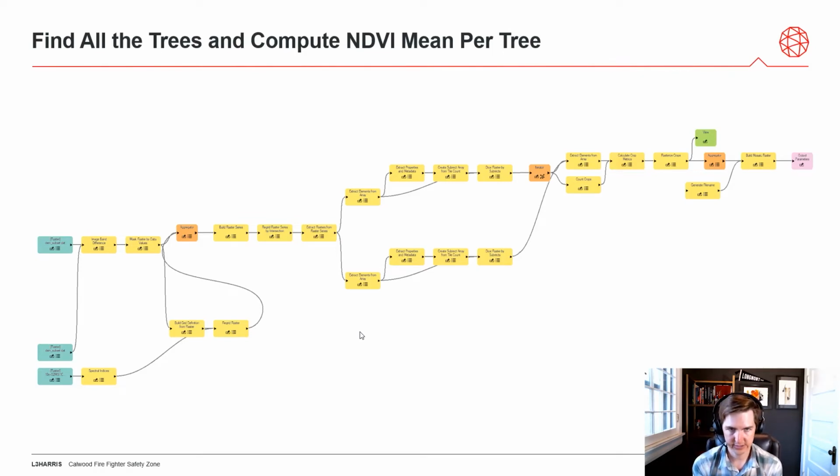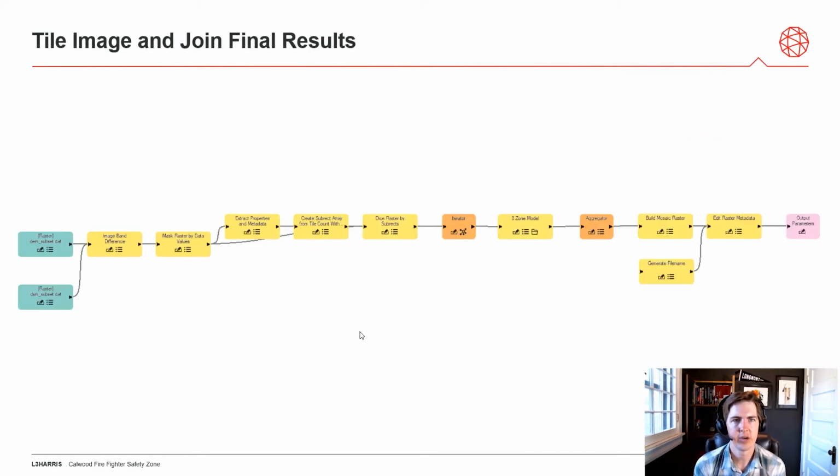So it looks like this. This model will find all the trees and compute the mean normalized difference vegetation index per tree. This is essentially the health of each one of the trees, and it was a nice layer to visualize. And then this was used to compute all of those safe separation distance layers.